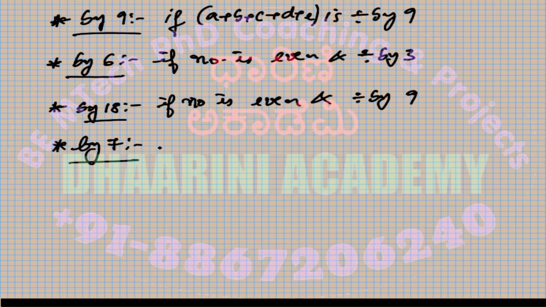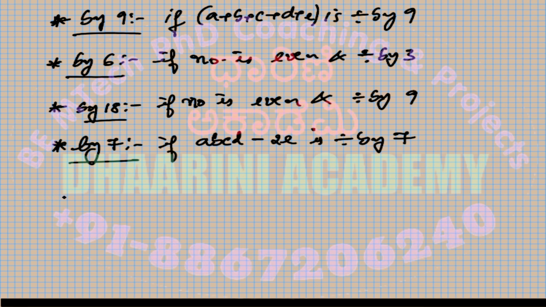Okay, so this is if abcd minus 2 times e. ABCD is a number. Okay, first 4 digits take as a number, subtract 2 times the last, right? This answer is divisible by 7, means the total number is divisible by 7.